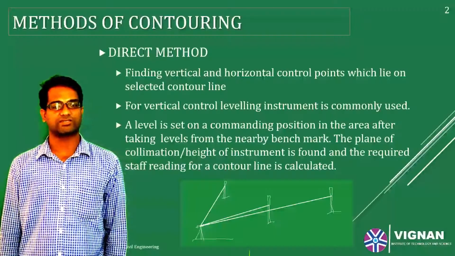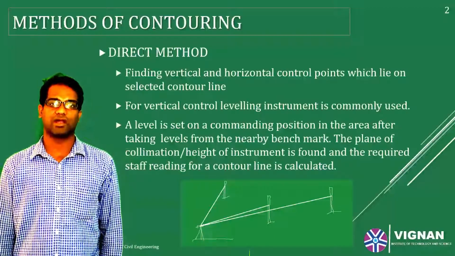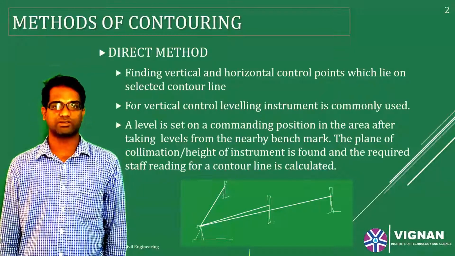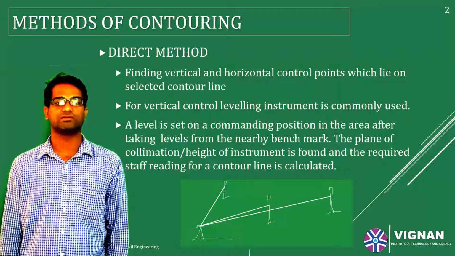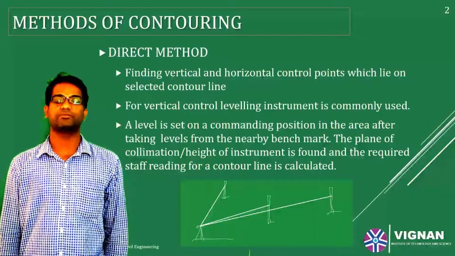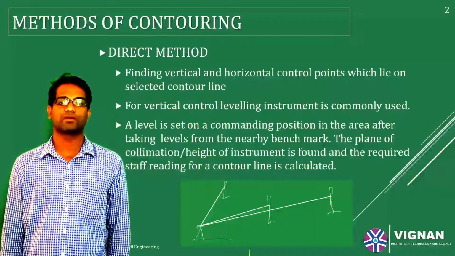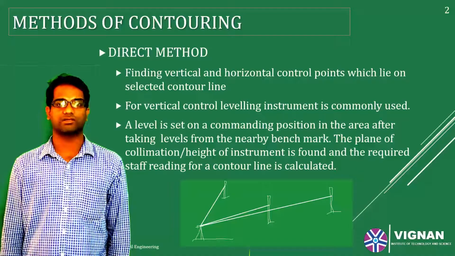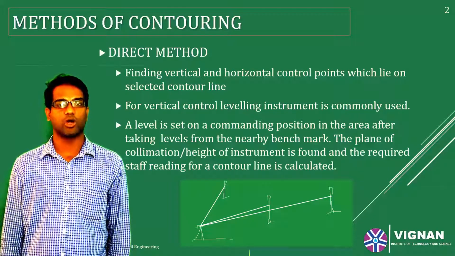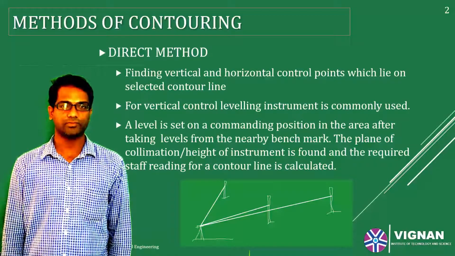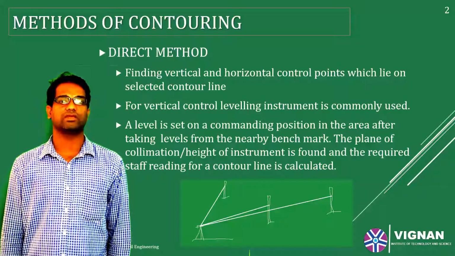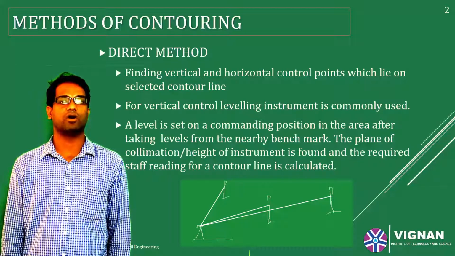As discussed yesterday, there are two methods. One is the direct method and the second is the indirect method. The direct method is normally followed when you want to get the contour on the field itself.